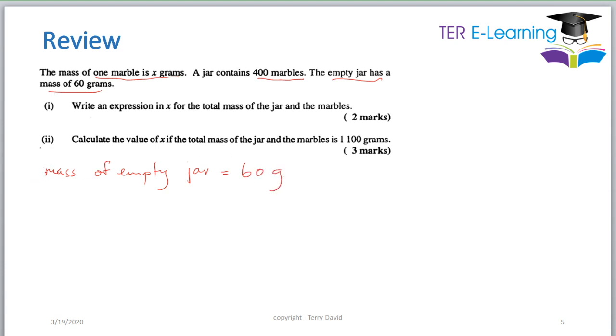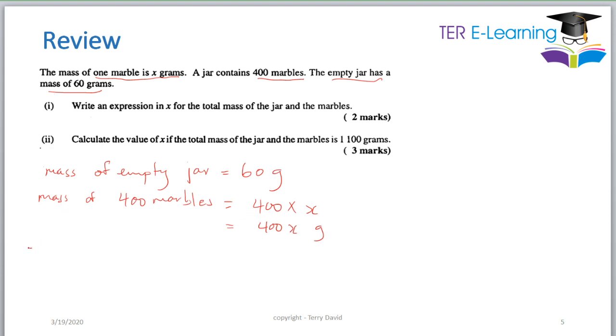Now, the mass of 1 marble is x and we have 400 marbles. So the mass of 400 marbles is equal to 400 multiplied by x, which is 400x grams. So that's the mass of 400 marbles.